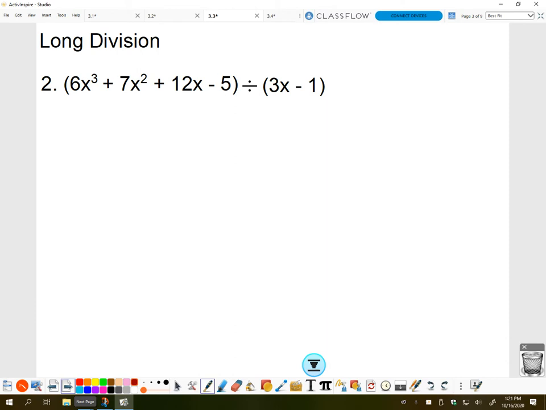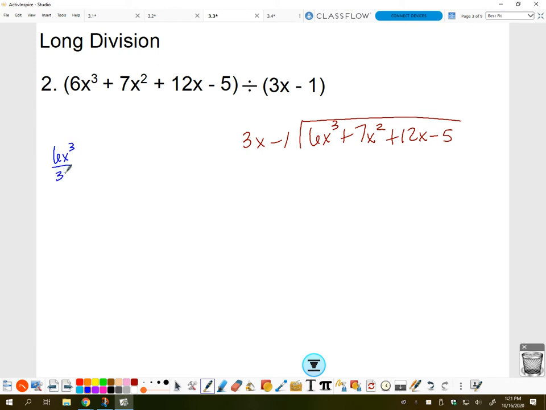Alright, so another example of long division. You can pause and try it if you want to make sure you know what you are doing. Alright, this one we're not missing any terms, so no zeros need to be filled in. Alright, so if we take 6x to the third, divide by 3x, we're going to get 2x squared.